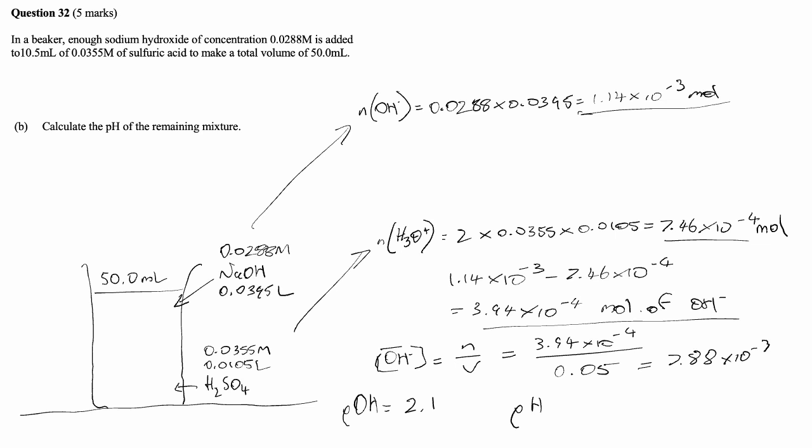The pH is equal to 14 minus that, 11.8. pH is equal to 14 minus 2.1 equals 11.8. The pH of the remaining mixture here, which is what the question was asking us, is 11.8.